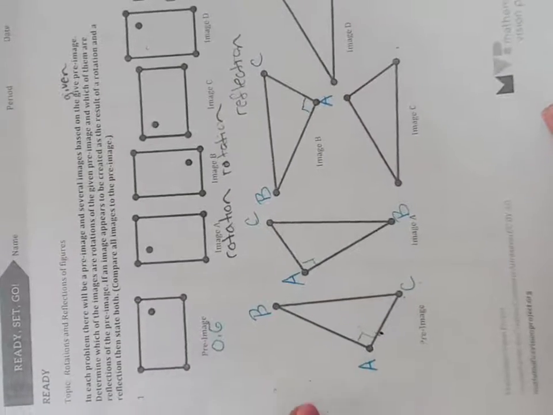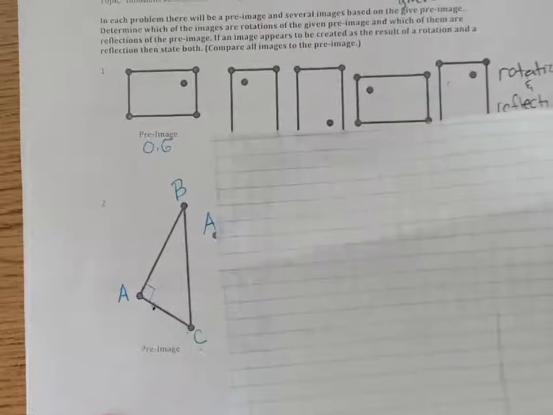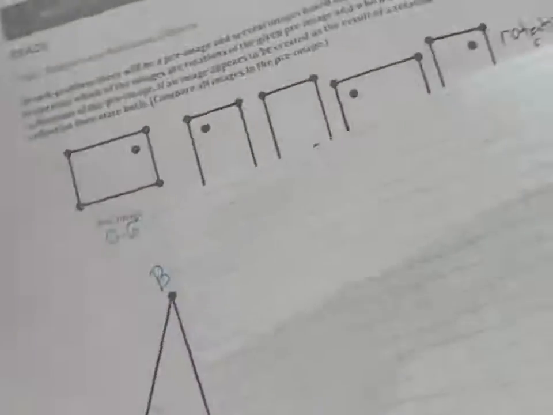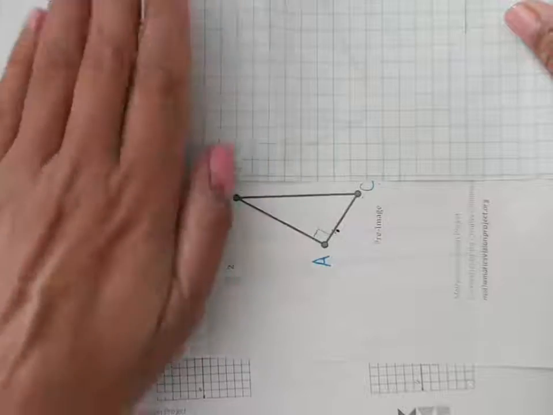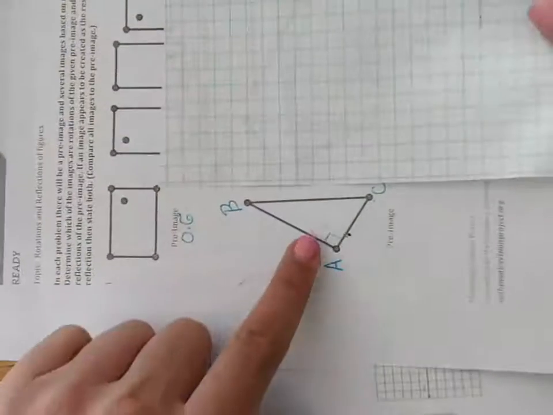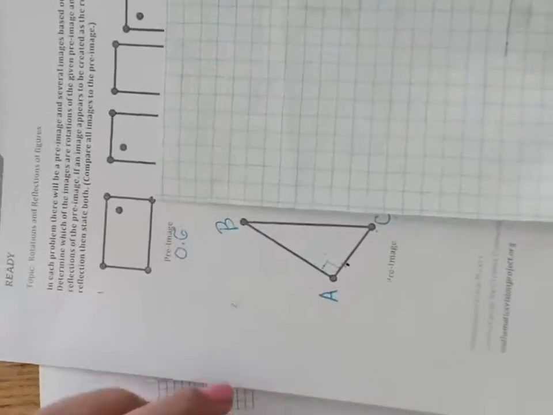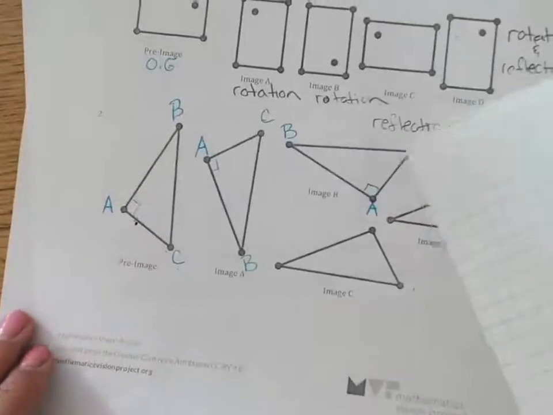Yeah, there. Now this shape looks like image B. If I rotate my paper, now this shape looks like image B. So that is a rotation.